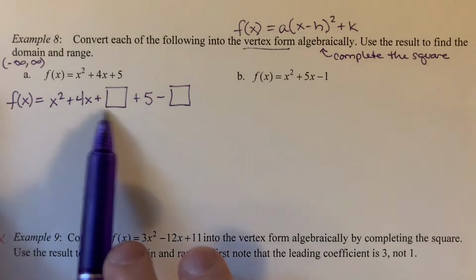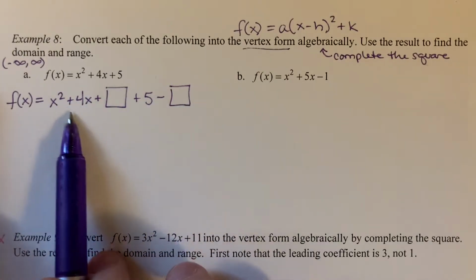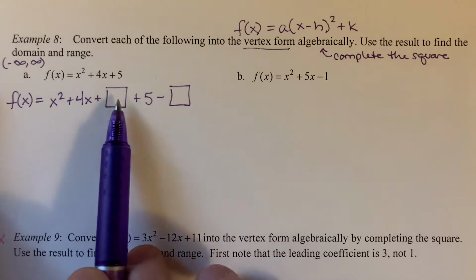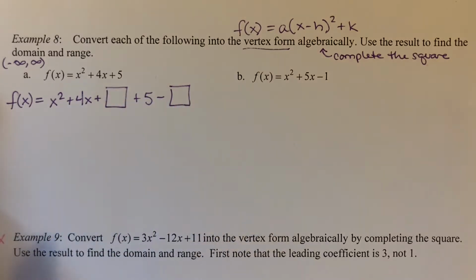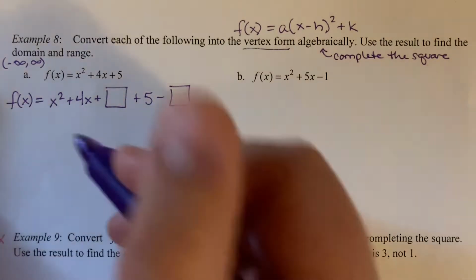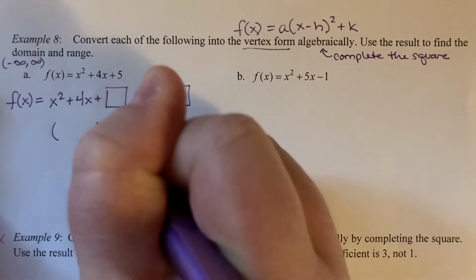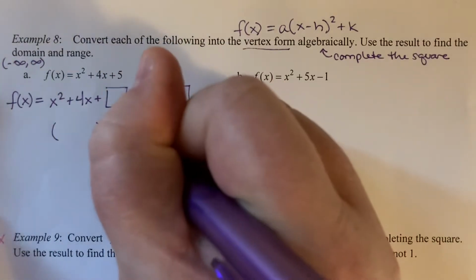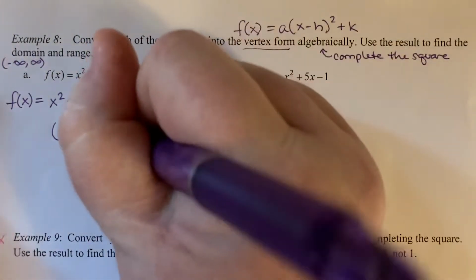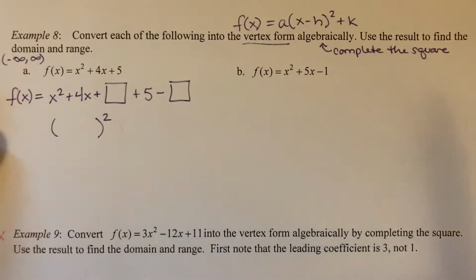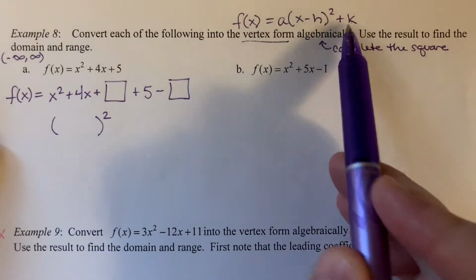All right, so I'm adding something and then subtracting something, so it's the same function. Really what we're doing is adding 0, but this way I get something that ideally here is a perfect square. And then plus or minus some other thing. Well, the other thing we're gonna call k.